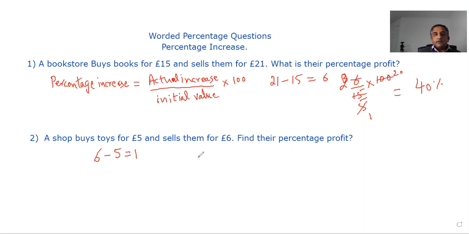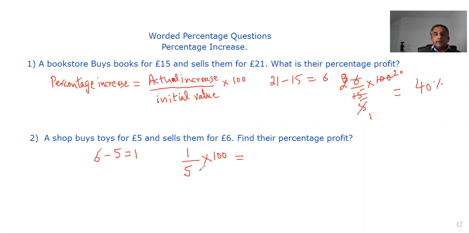So this is the actual increase. We write 1 over initial value. Initial value was 5 pound. So we write 5 and then times it by 100. So please remember to write down this formula, the one I mentioned in question number 1, and try to memorize it as well, because these types of questions come again and again.